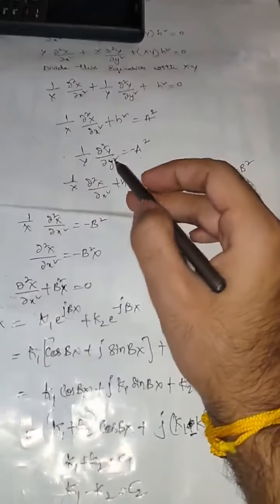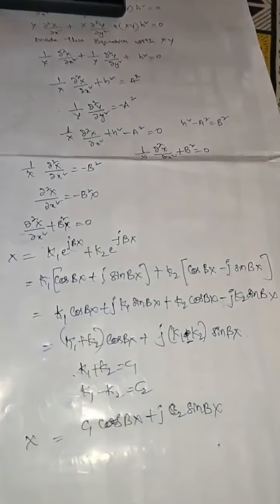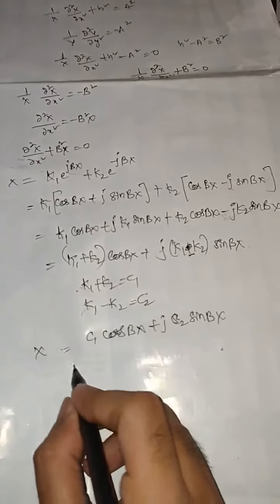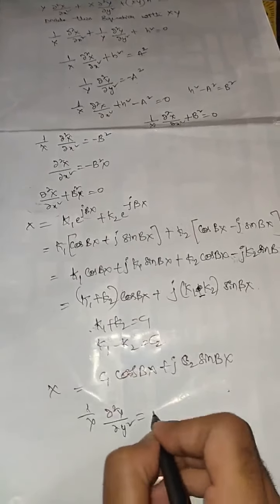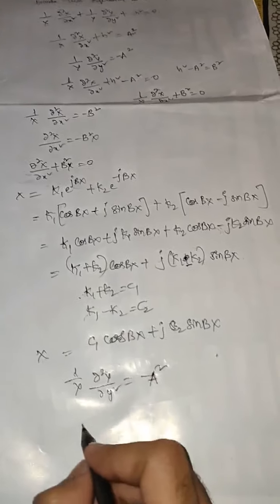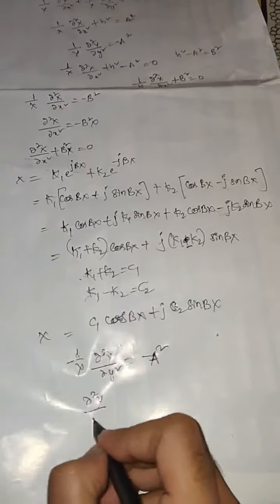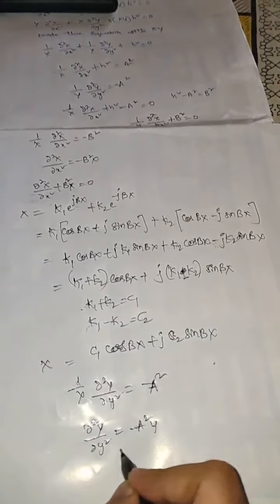That can be obtained from this equation. Taking this equation, 1 by y dou square y by dou y square is equal to minus a square. So dou square y by dou y square is equal to minus a square y.